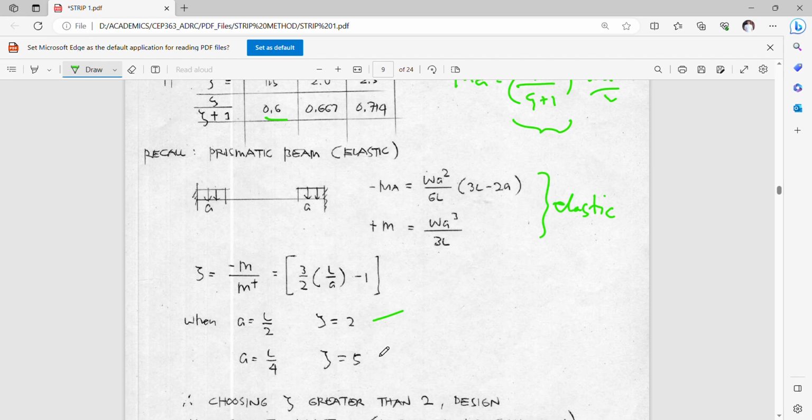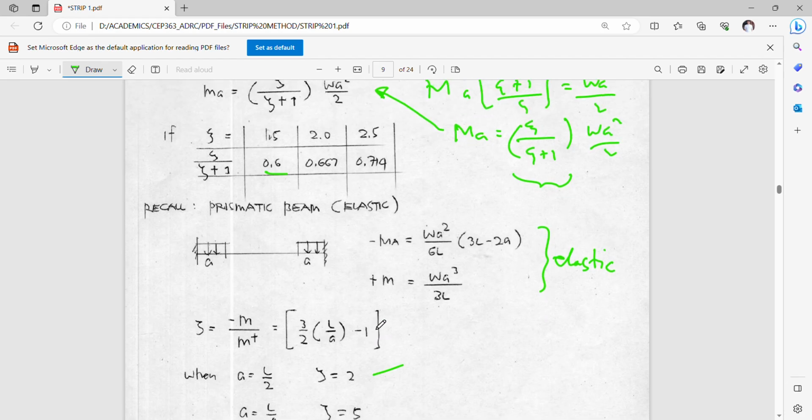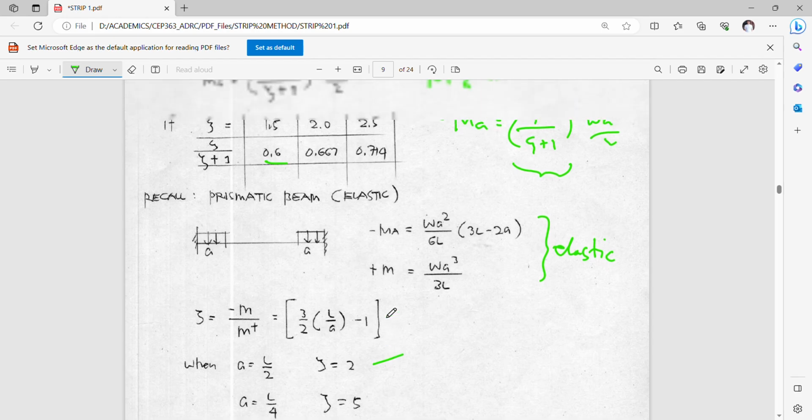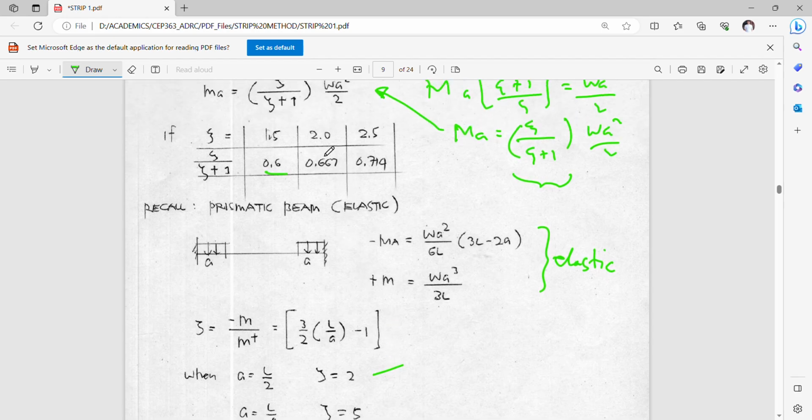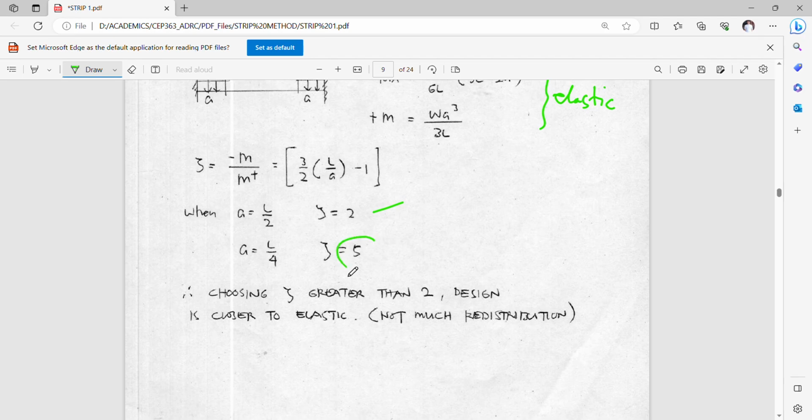Then take note that the C factor ranges beyond the stated limits of 1.5 to 2.5 as it reaches a value of 2.5 or so, and this value favors closer the elastic behavior, and if that's an elastic behavior, we don't really give due consideration to what you call the redistribution.